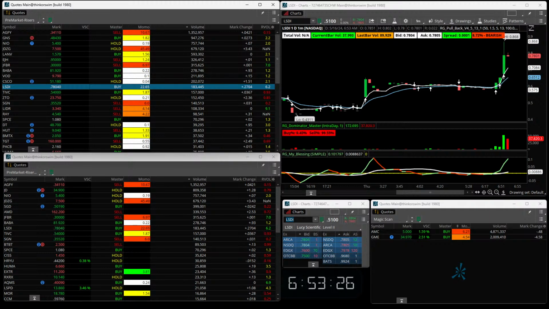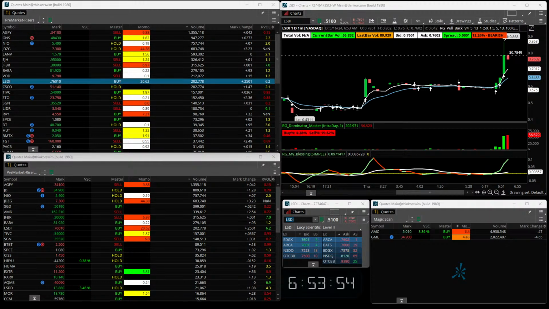This one's probably going to pop up. Let's see if we get a pullback out of it or a long wick on the bottom of this candle. That would be resistance. I don't like that the volume is pausing on this stock, but that means the other buyers maybe have not found it yet.